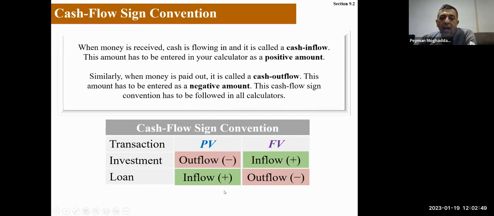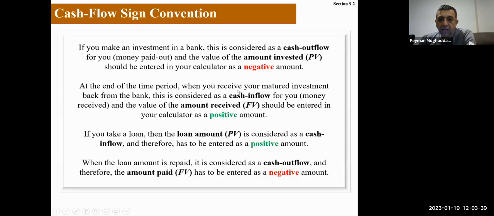A loan, where you receive money from the bank, is an inflow, which is a positive sign. When you invest money, in the future you will have more than you invested, so the future value, when you withdraw that money, is an inflow to your bank. The opposite is true for a loan: you have to pay back the future value with interest, so it's an outflow. That's the sign convention you need to remember for future value calculation.